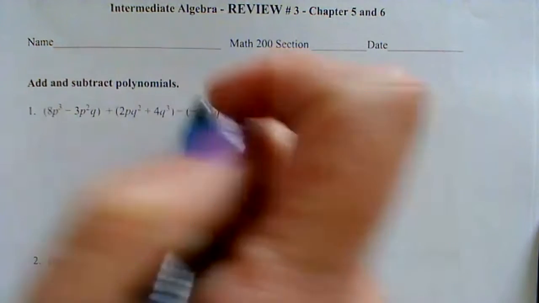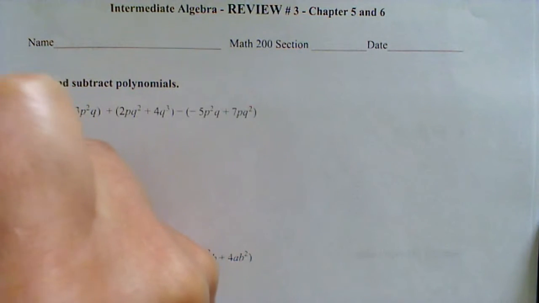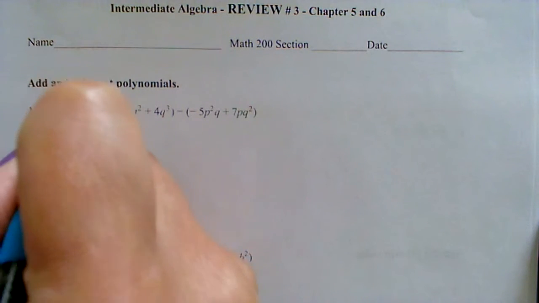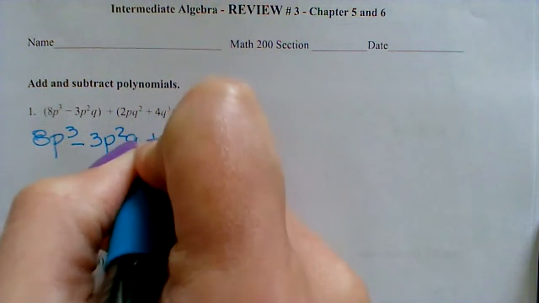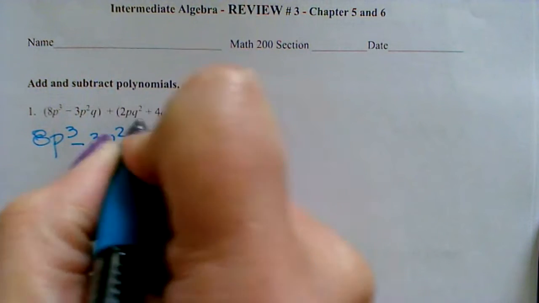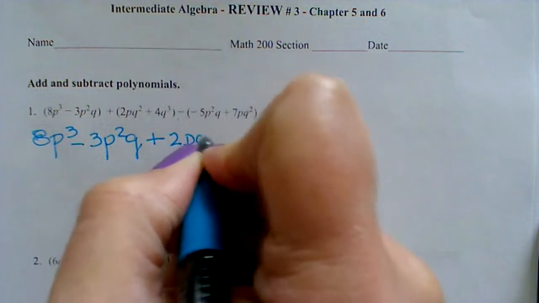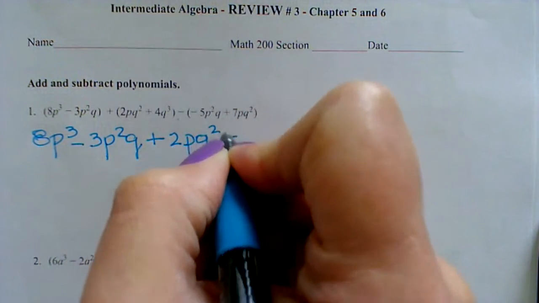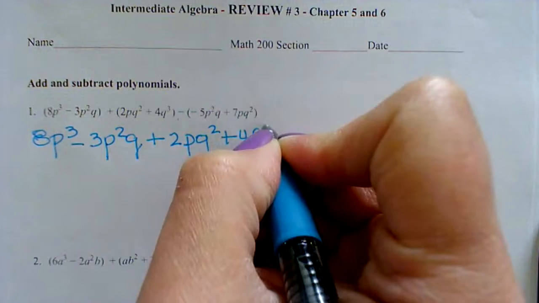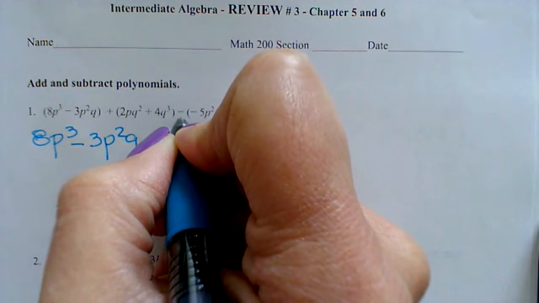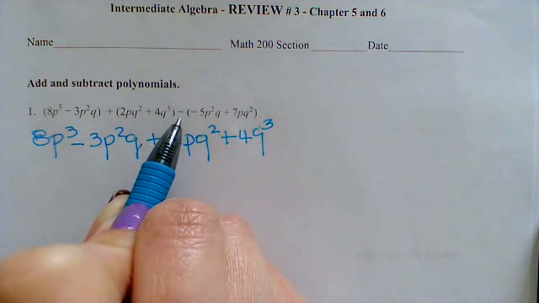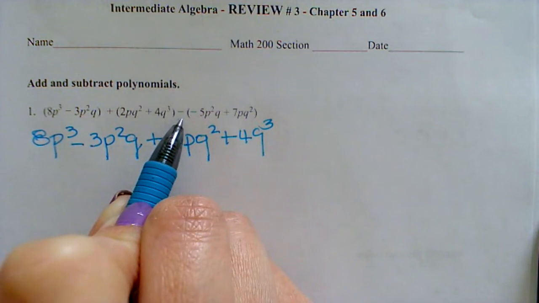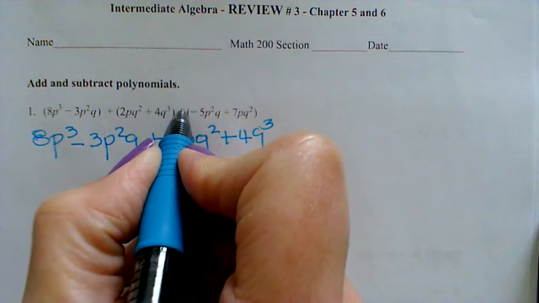All right, so let's do this one. What do we need to do here? Let me just rewrite this. I'm going to start getting rid of the parentheses. This is the plus sign. Nothing changes inside of this parentheses. Right here is when it changes, all right? Because this is negative, it's like I'm multiplying.